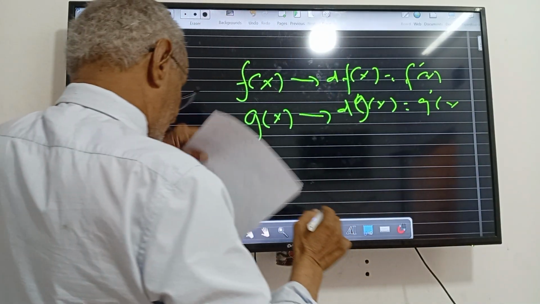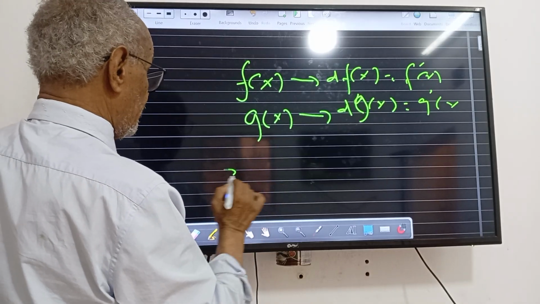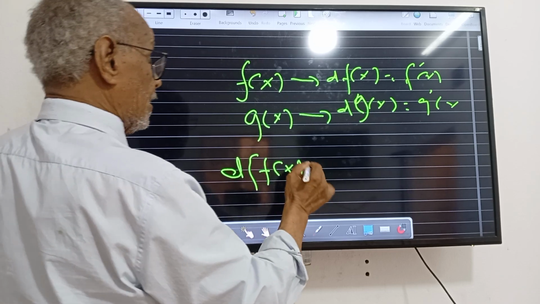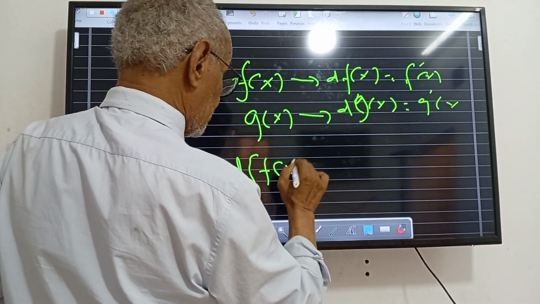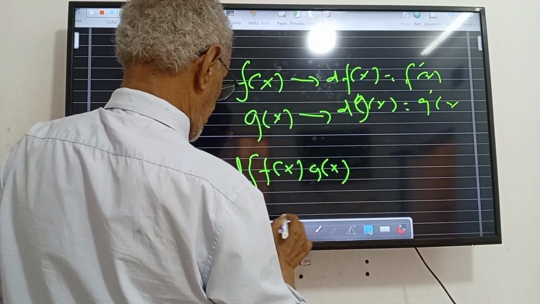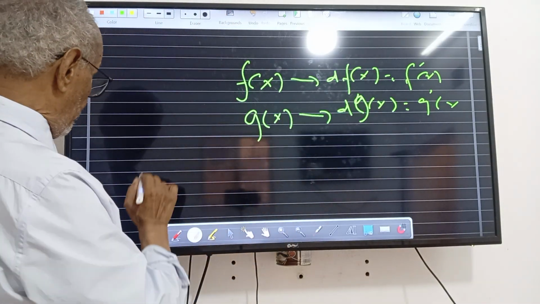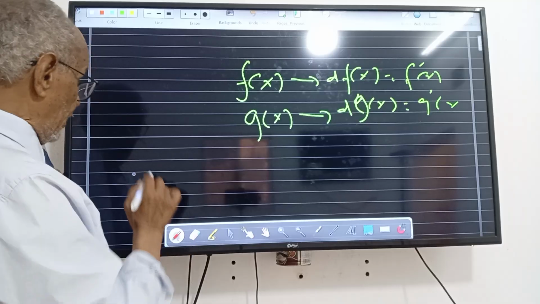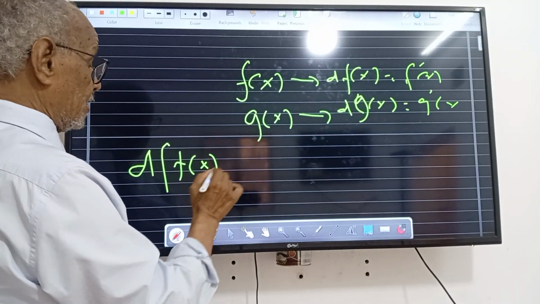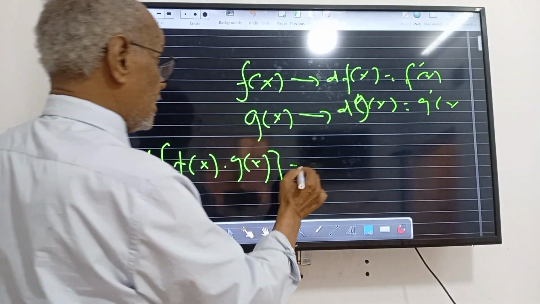So if we have the differentiation of f of x multiplied by g of x, the differentiation will be like this.